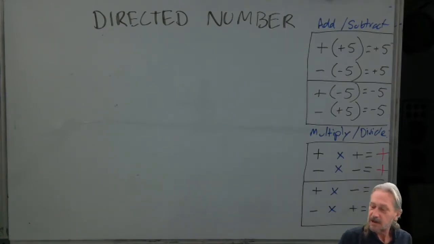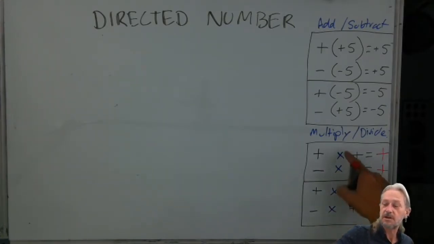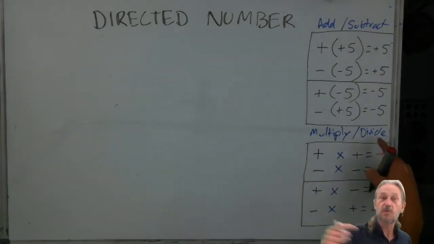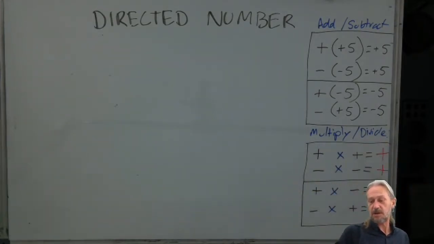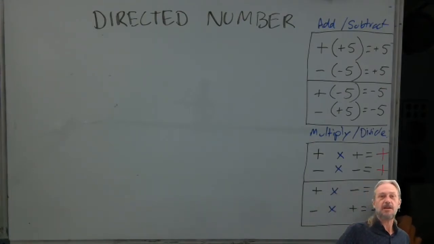Equals. We end up with a negative answer. So I know I've written times here, multiply, but it also goes for divide. So when we multiply or divide two numbers with different signs, opposite signs, our answer will be negative.